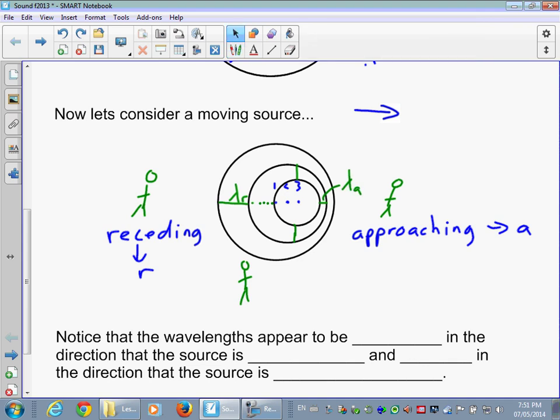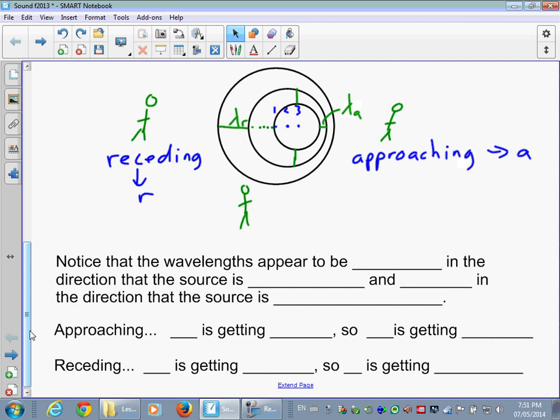So we notice a trend. The wavelengths appear to be larger in the direction that the source is receding, so moving away from.